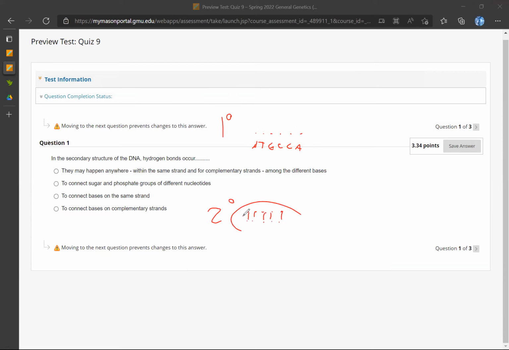And that's when we start to see the information appearing, because we have our base pair and its complementary base pair. So in the secondary structure of DNA, now that we know what it is, hydrogen bonds occur. Which do we think is the correct answer?